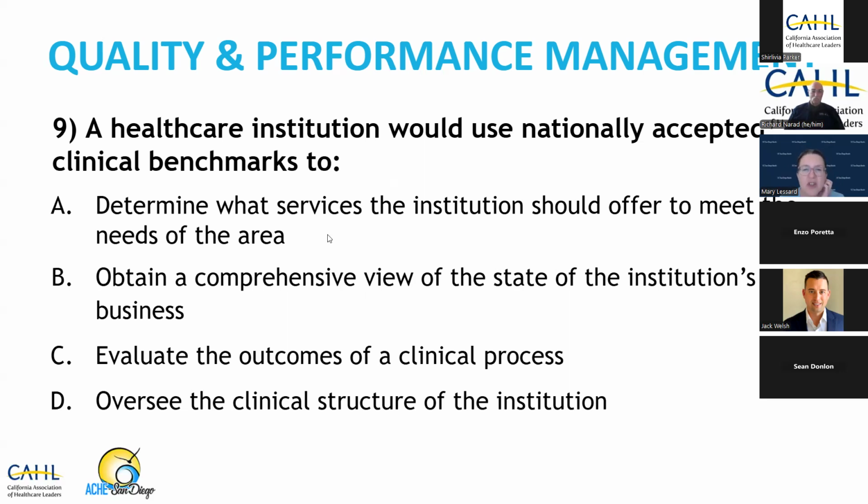A, determine what services the institution should offer. Again, the question is around clinical benchmarks. And although a healthcare institution may determine what services they should be offering based on patient need, I don't think that is a reason for using nationally accepted clinical benchmarks, over C and D.